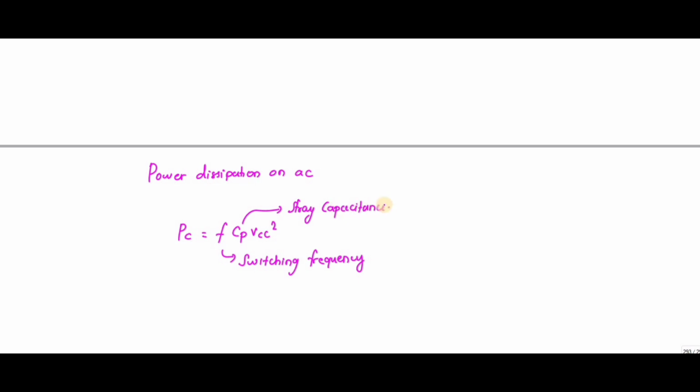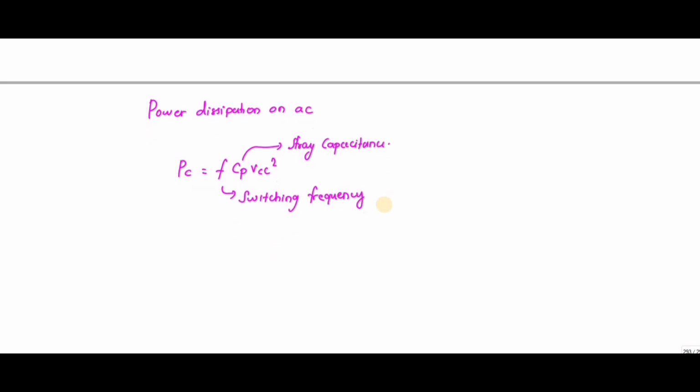Next, average power dissipation. This I can write as PCC. PCC is equal to ICCH plus ICCL divided by 2, into VCC. This I can also write as PH plus PL divided by 2.